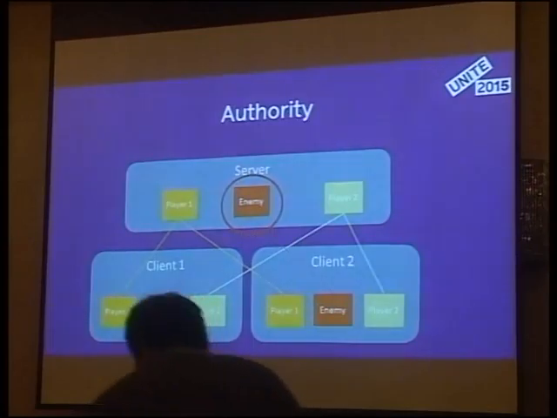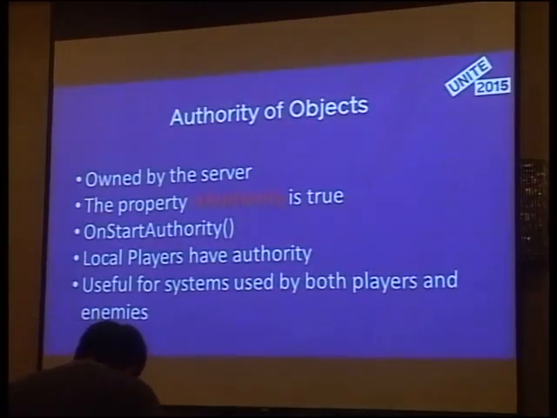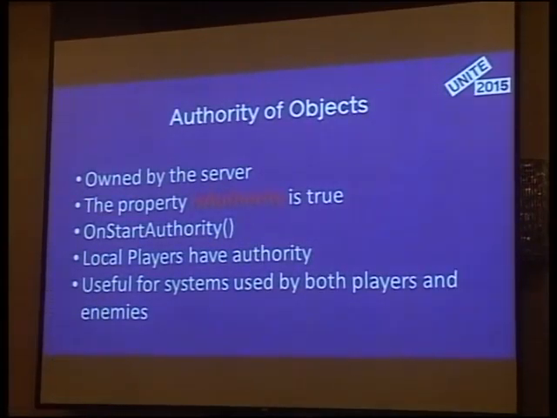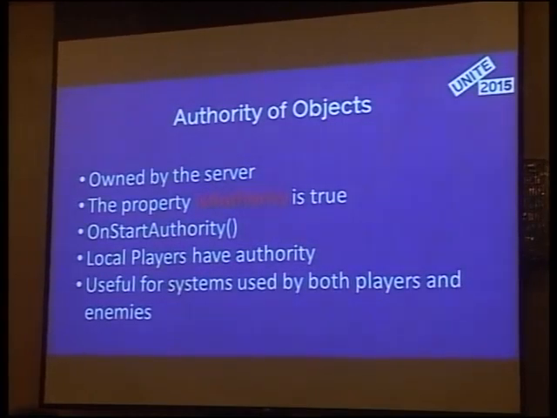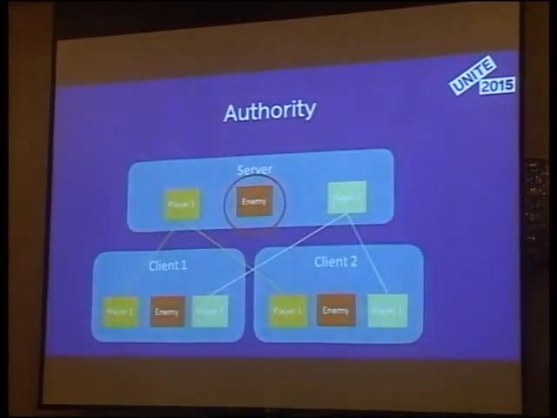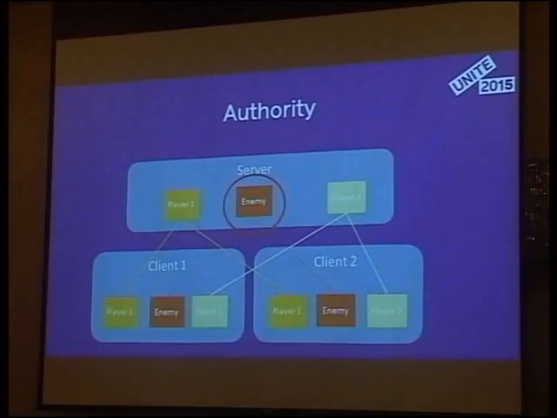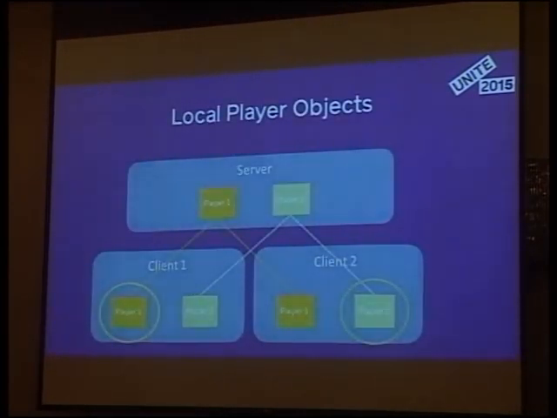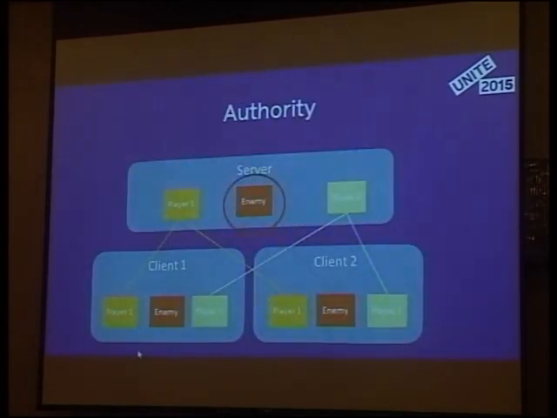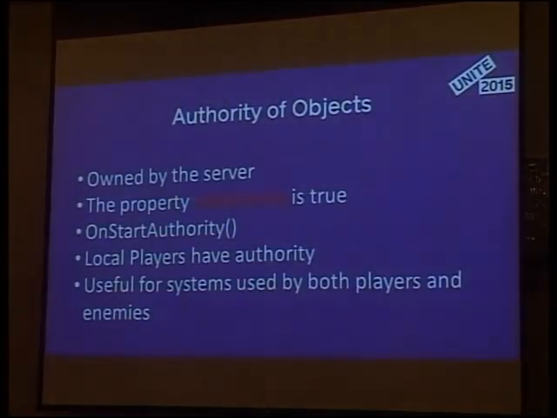So there's another property actually, which is authority. And this will be true. In this case, it will be true for that enemy object on the server. But it will also be true for a player object on the client. So there's a property for that, there's a callback for it. Local players have authority.